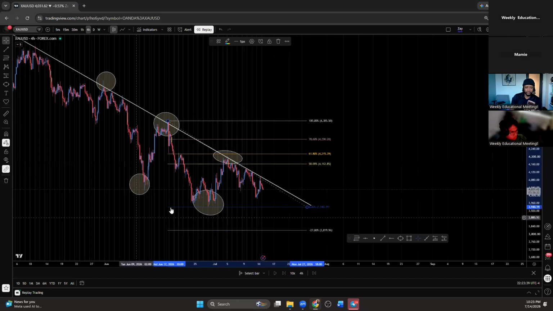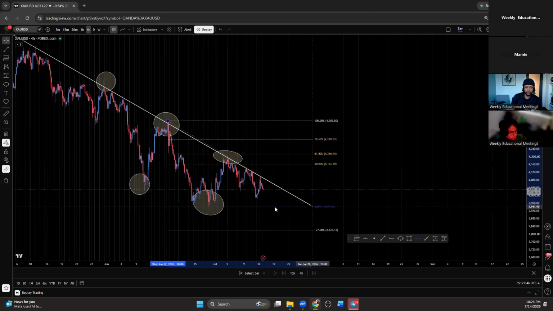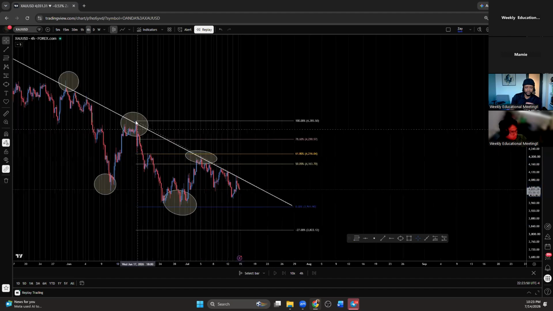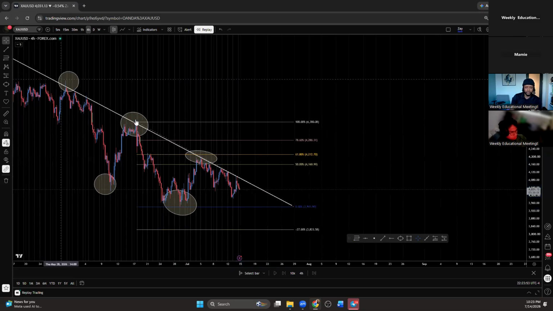Let's move this up a little bit. All right, perfect. So from this high, as y'all can see, this high, this low, this lower high, this lower low, the next thing we were looking for was a retracement up to our area of interest.